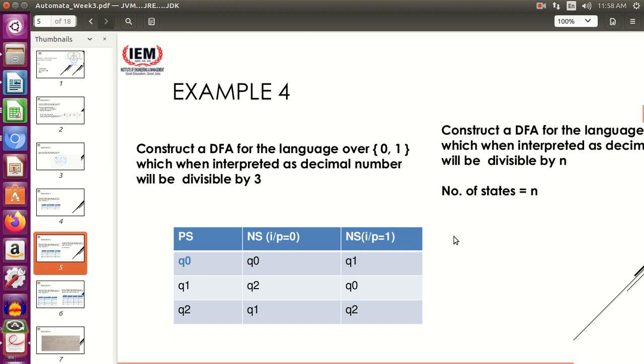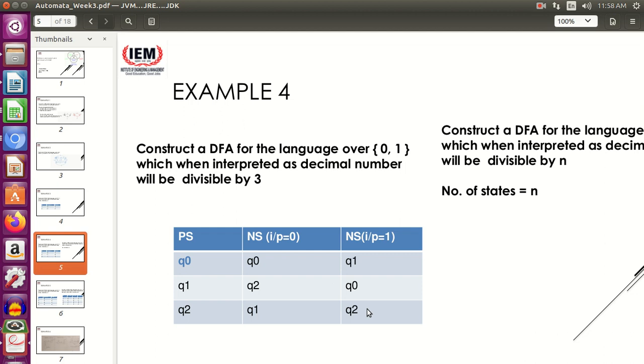Coming to the next section of the table, the next state. See, there is a trend. Starting from this, there is a kind of repetition sequence. You start with Q0, Q1, Q2, again Q0, Q1, Q2. This is followed in any and every question of this type.